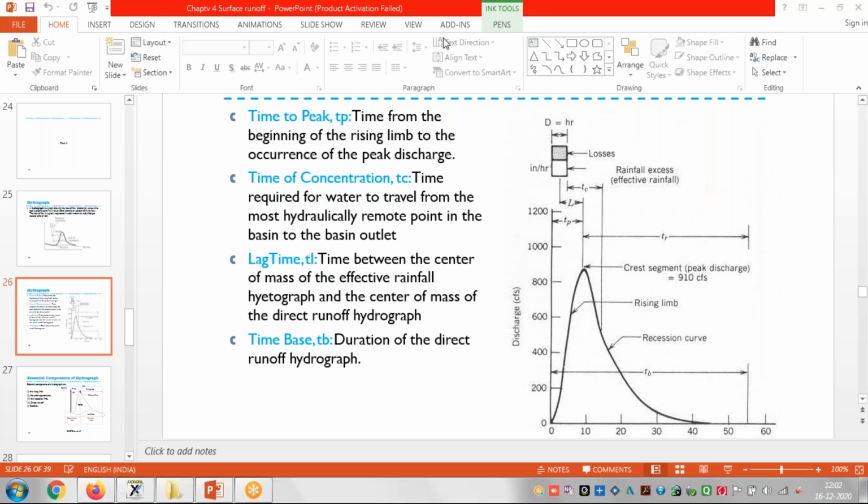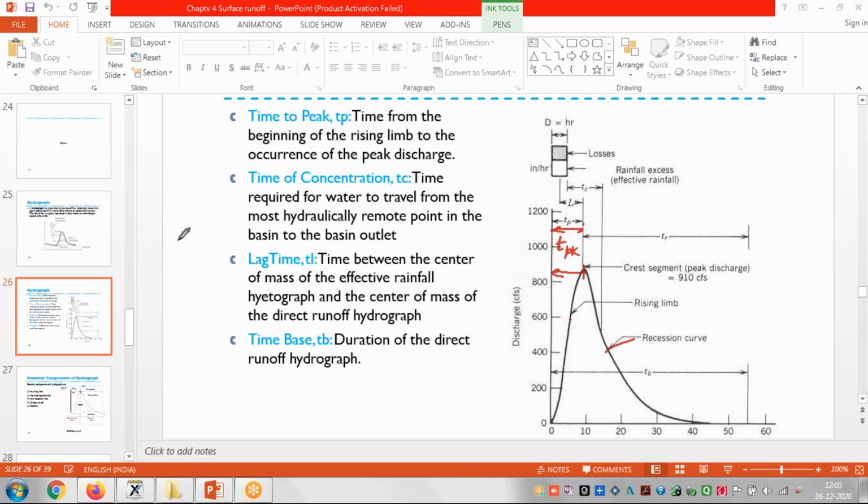See here, they have given it as TP, or sometimes it is denoted by TPK, right? The time required for the peak discharge, right? Now next, this is the rising limb, this is the recession limb, right?